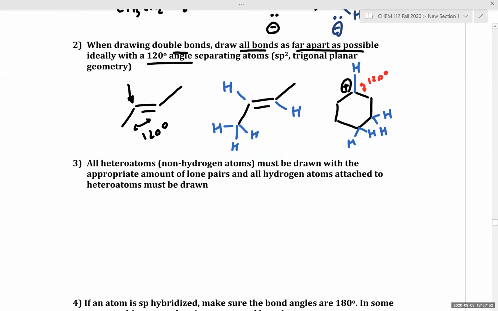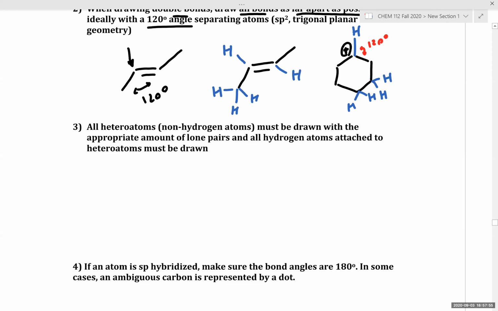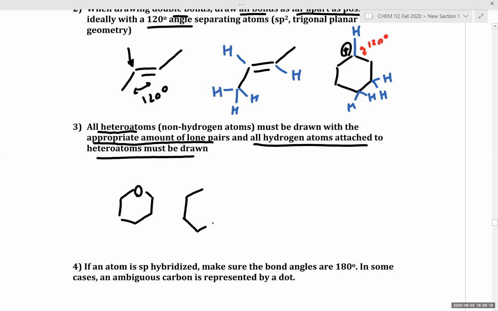So the next major mistake or thing to pay attention to is that all heteroatoms must be drawn with the appropriate amount of lone pairs, and all hydrogen atoms attached to the heteroatoms must be drawn. So for example, if we have this cyclic structure like so, now in some condensed structures, and in some bond line structures, they don't show the lone pairs, but for this class, and in your textbook, it is common convention to write out the lone pairs for each heteroatom.